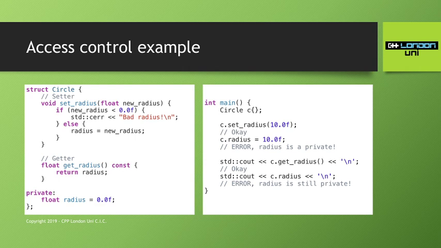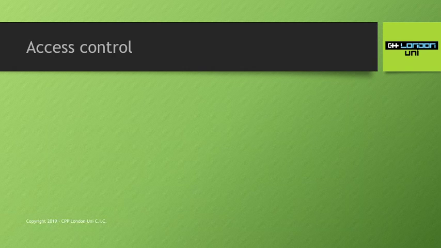C# has properties that basically does this for you, so does Swift. C++, we don't have it automatically, but we can write them ourselves. It's not that much code. And what this allows us to do, this is what I'm going to say on the next slide. I'll say it in a second.